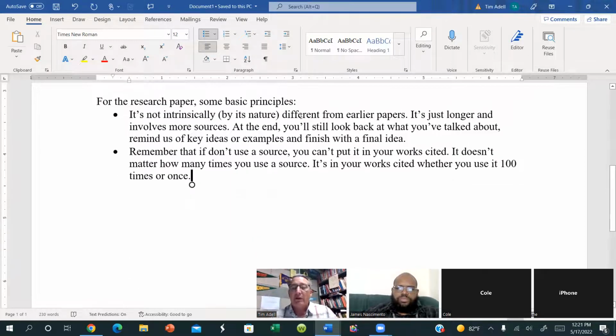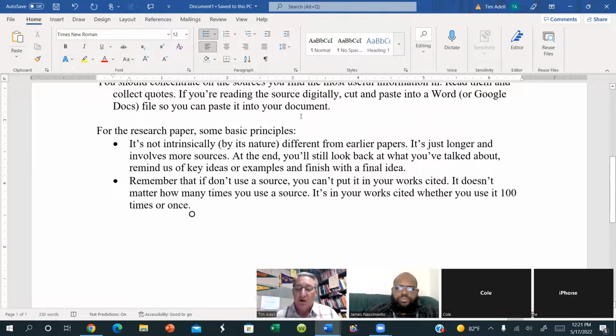So you want to remember that the bibliography and the works cited list will look the same. The works cited list will just be shorter because it's only the sources you specifically used. And it doesn't matter how many times you use them.